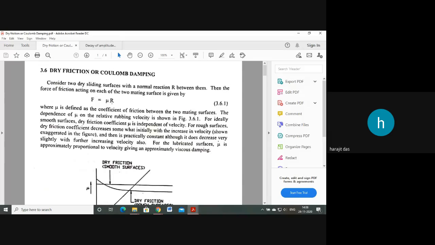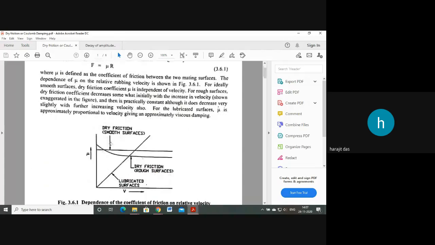If this coefficient of friction is plotted against the relative velocity between the two sliding surfaces, for some surfaces its value gradually decreases for some instant, and when the velocity is increased further, its value is constant.